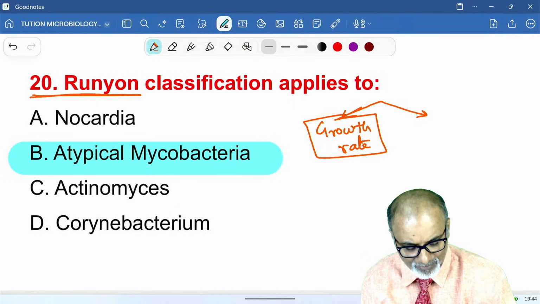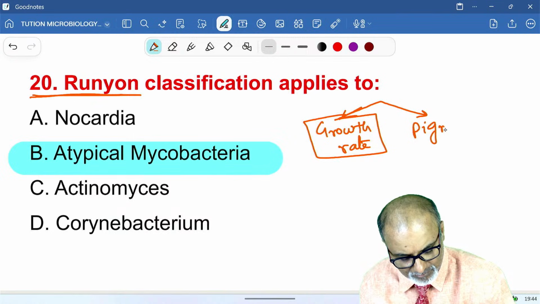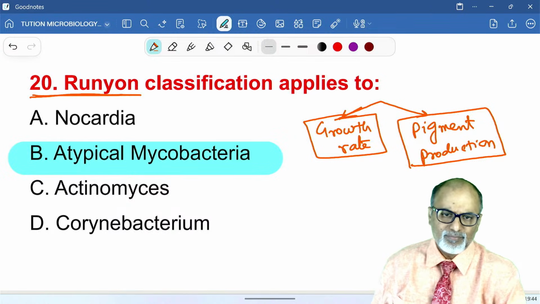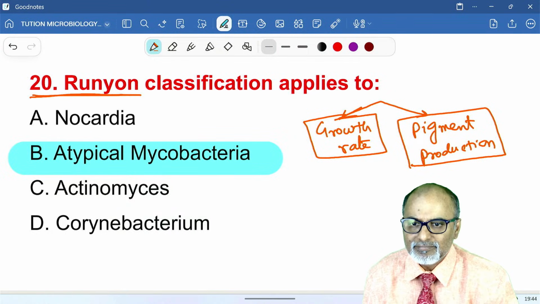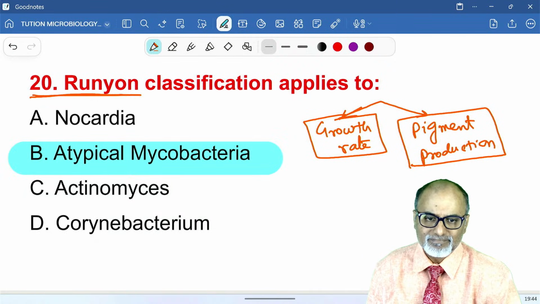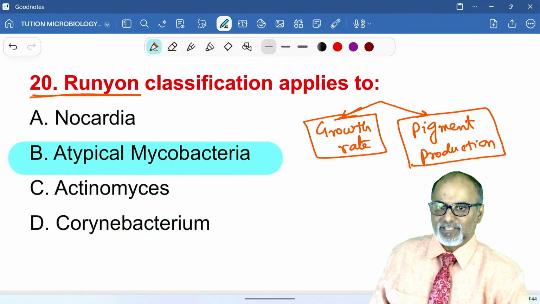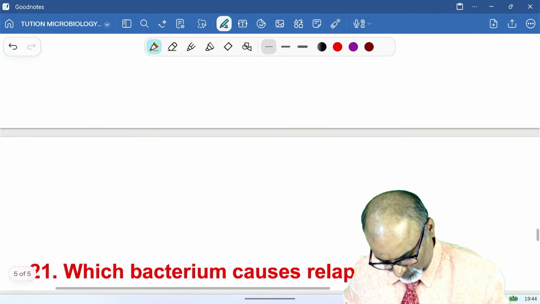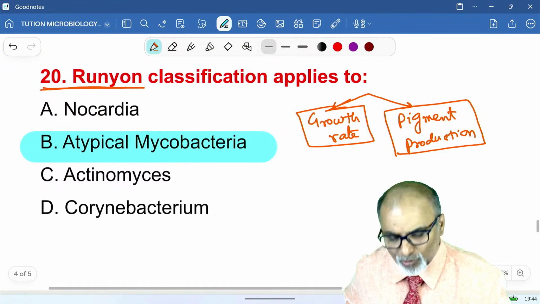Another one is pigment production. Growth rate, pigment production, Runyon's classification. We are classifying into photochromogen, scotochromogen, non-photochromogen, and rapid growers.